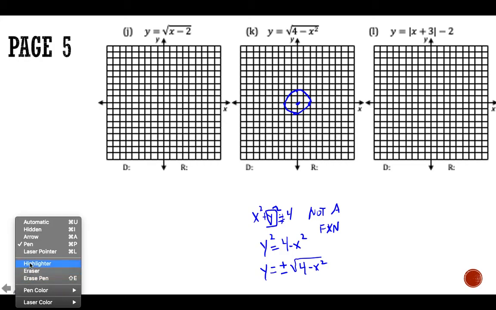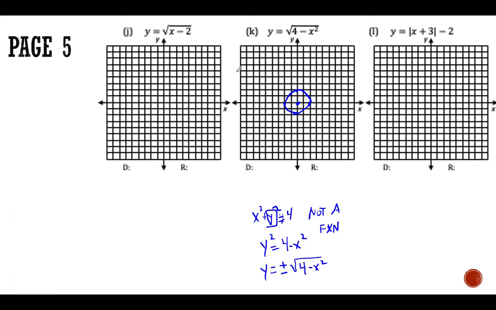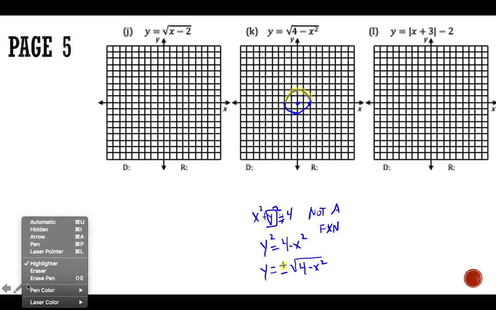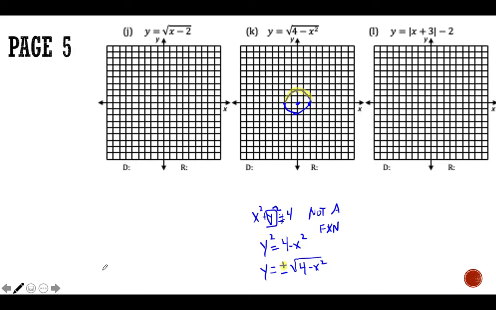So positive square root of 4 minus x squared is the top half of the circle. The bottom half of the circle comes from negative square root of 4 minus x squared.